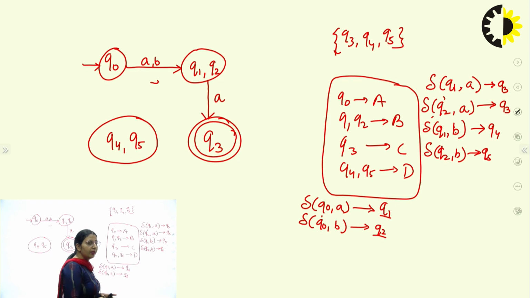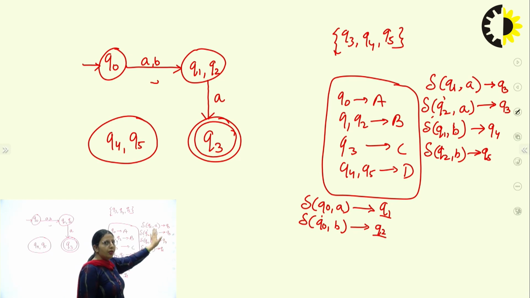Now we have to check whether these two states are combined as one or whether we have to mark them individually. We can see here that Q4 and Q5 are clubbed as a single state.